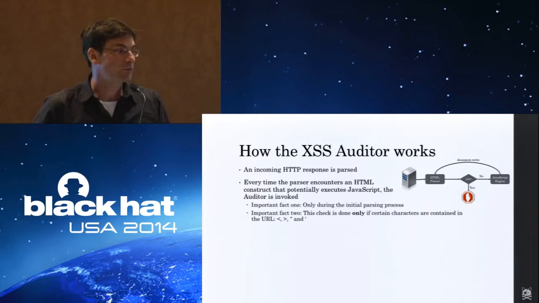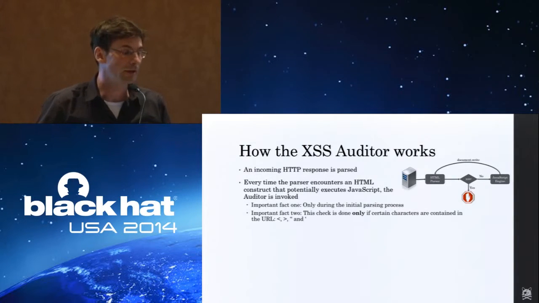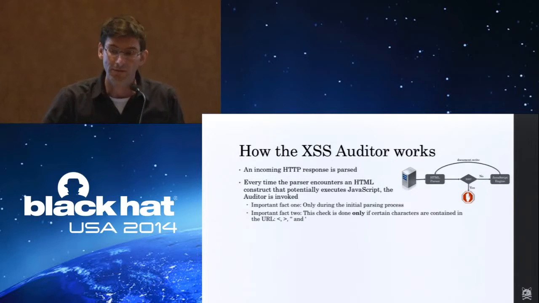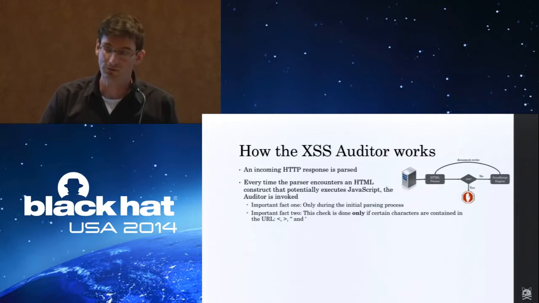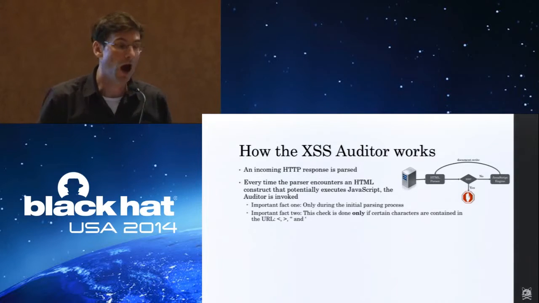The other important fact that you have to remember is the matching process, so the looking into the URL, if there might be the attack payload, only happens if in the URL or in the post body for HTTP post requests certain dangerous characters are included.